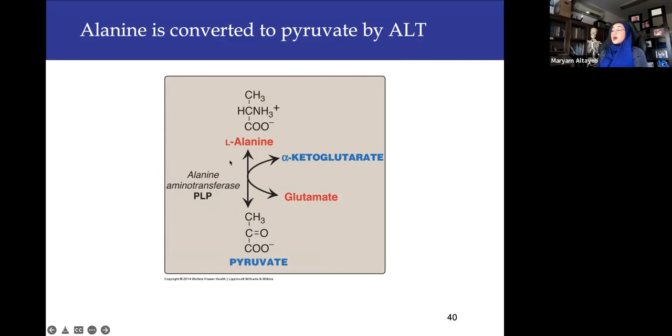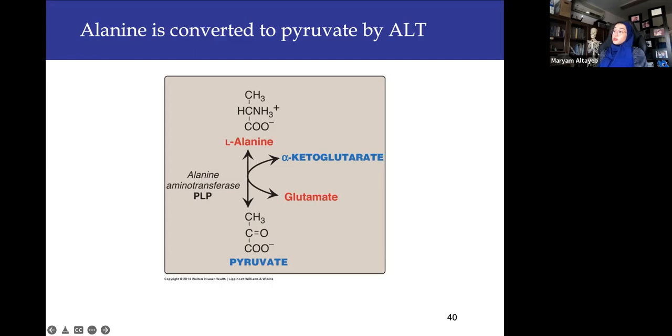It converts alanine into pyruvate and vice versa. When it converts alanine into pyruvate, it's going to give us glutamate. When it goes the other way, it's going to take pyruvate and glutamate, and give us alanine and alpha-ketoglutarate. So these are interchangeable.